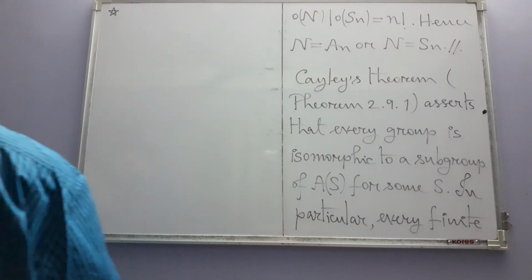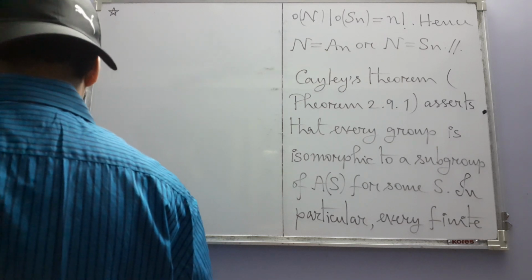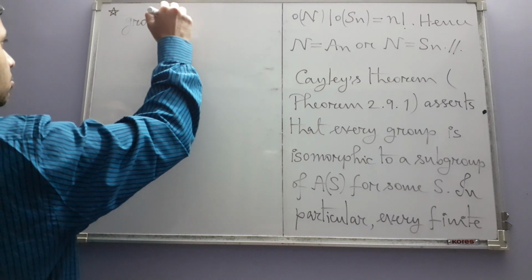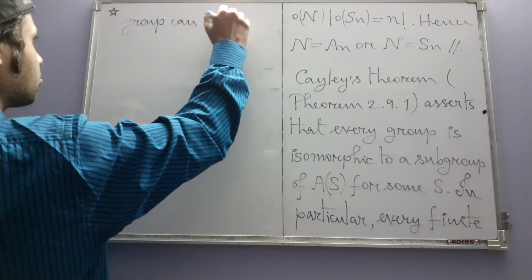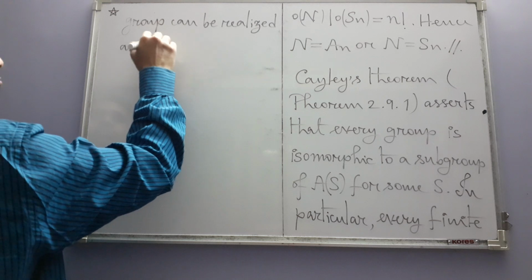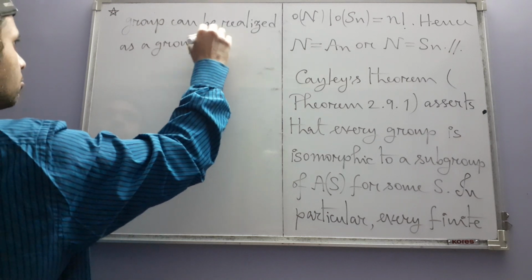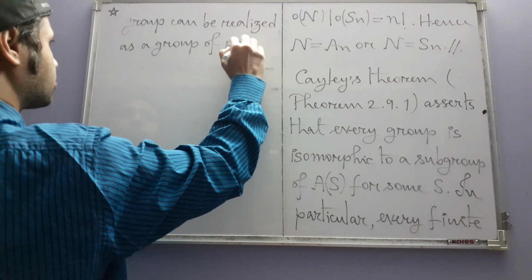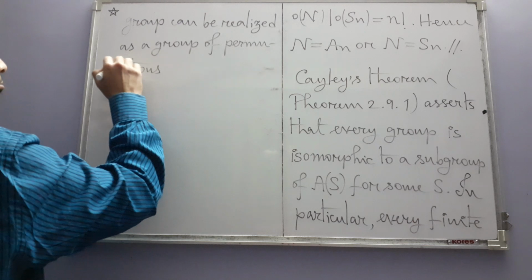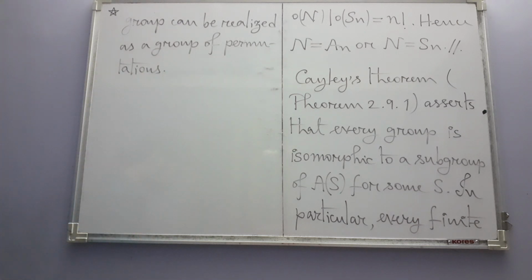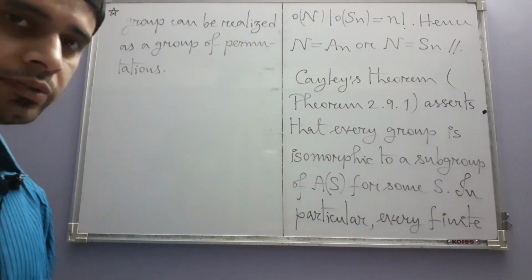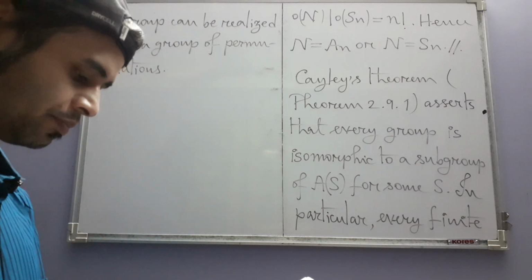Every finite group can be realized as a group of permutations. That means can be realized as a subgroup of S_n for some n.